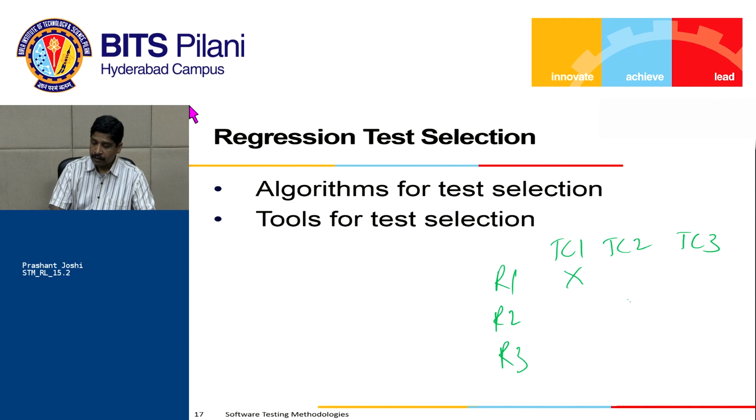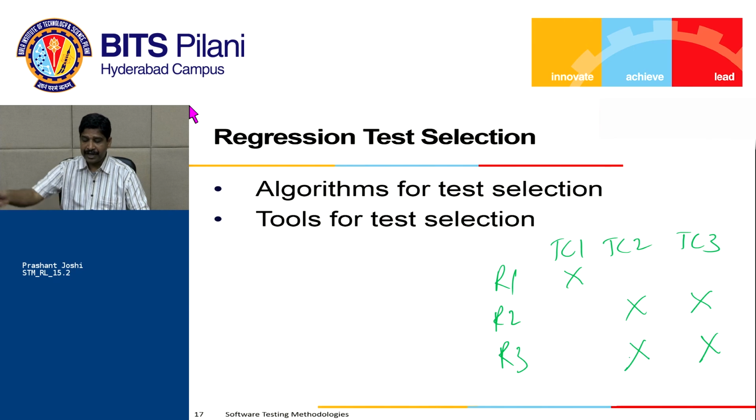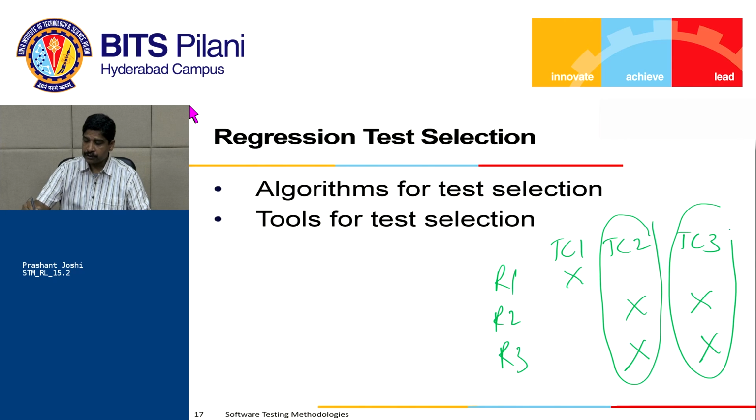If T1 tests unique requirements versus T2 and T3 testing R2 and R3, then we may want to question and look at what these 2 test cases do. Have they really become redundant or are they unique in their own right?